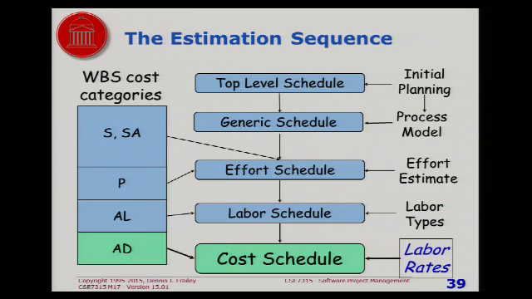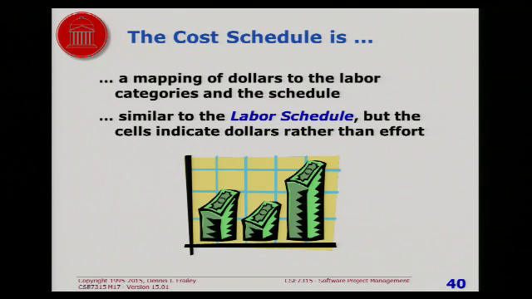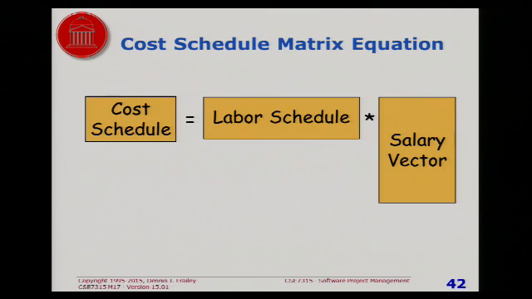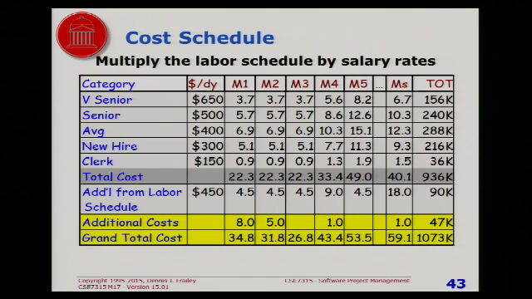The final step, which again is not part of assignment 4, is the cost schedule. All you're doing is multiplying it out by how much you pay people to figure out what it's costing you. How much money will be spent each month by each type of worker, and you can add in other costs at the same time. So all you're doing is taking the labor schedule, which is a matrix, multiplying by the salary vector, which is a vector, to get the cost schedule, which is another matrix. And you end up with something that looks like this.